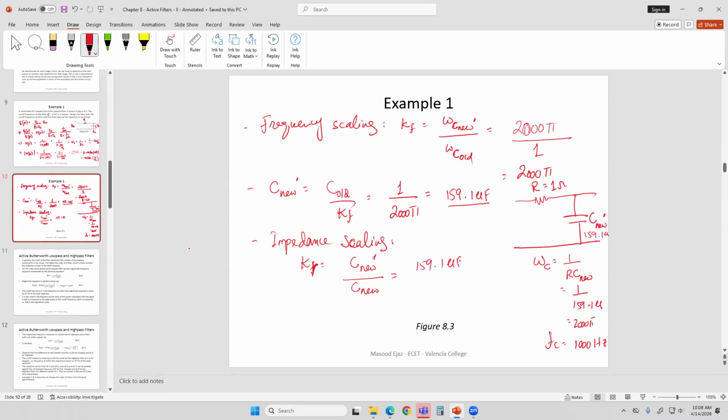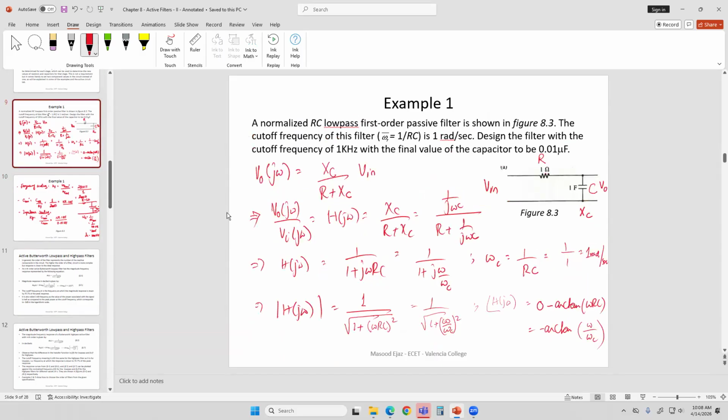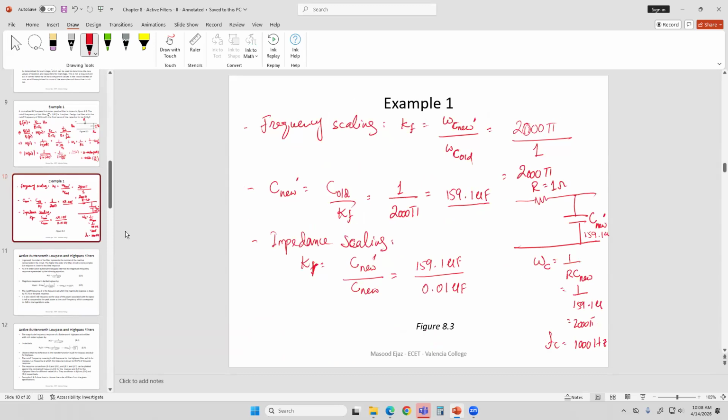And we want the last value, the new value, to be 0.01 microfarad. Right? 0.01 microfarad.